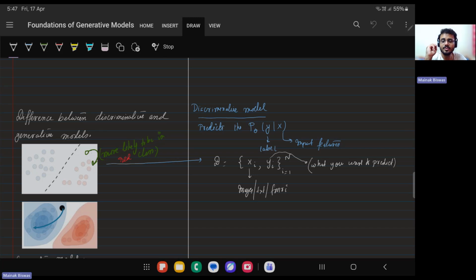Right? So this model has a fundamental drawback, and it has a missing link in it. What is the missing link? You can never ask the model to generate new samples.